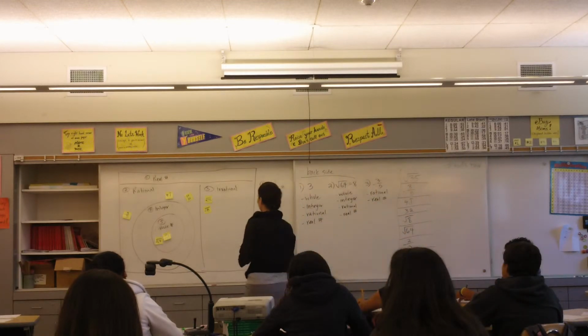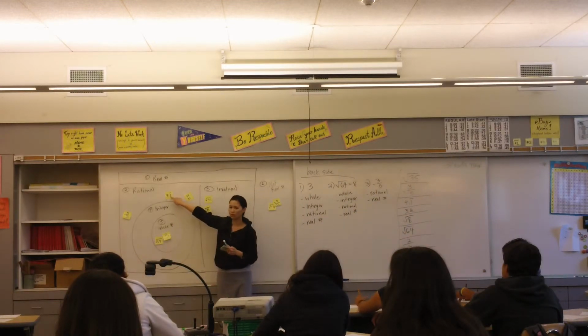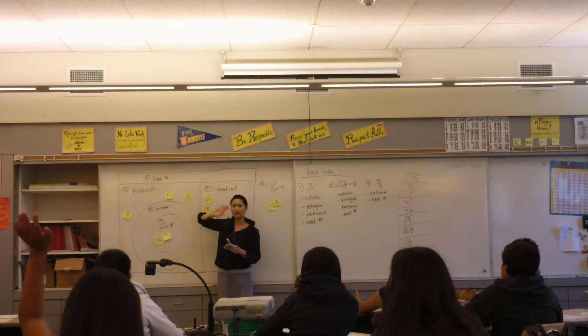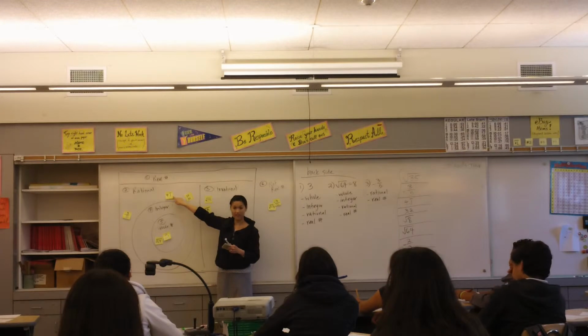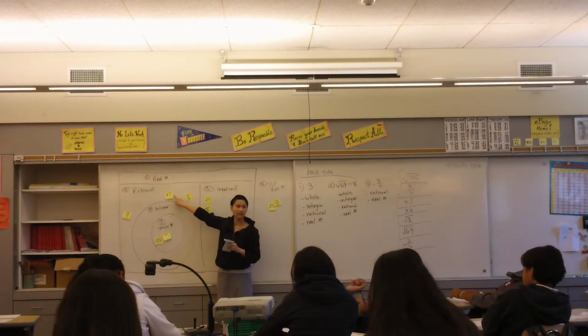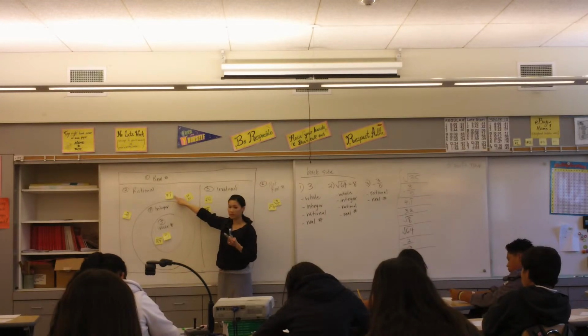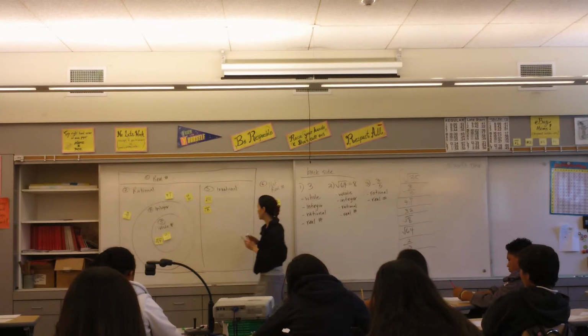Okay. Who did this one? 4.1 with the bar on top. Raise your hand, please. Arlen, you are right. It's a rational number because it can be written as a decimal, and it goes on, right? It repeats. Good.